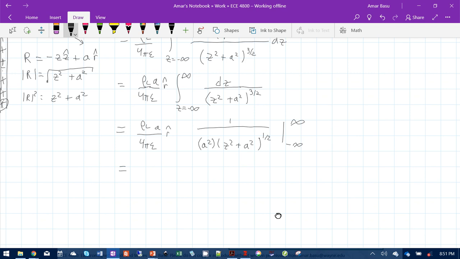But as engineers who are just trying to solve this problem quickly, what do we do? We can just write 1 over A squared, infinity over the square root of infinity squared plus A squared, minus 1 over A squared, negative infinity over the square root of negative infinity squared plus A squared.